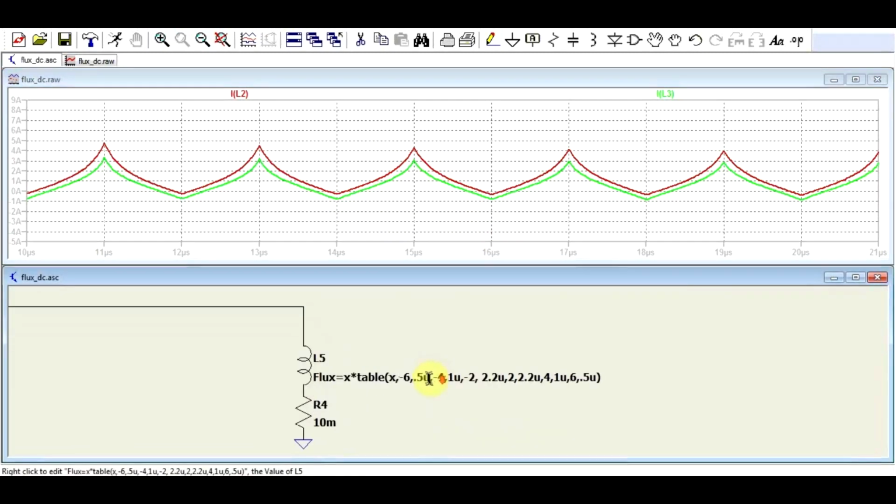Now there's one more way you can do this, and that is by using the table function. If you don't like all that trigonometry, you can create a simple table in which you define various inductances for various currents. Just don't forget to supply also the negative and the positive currents. So if you only supply the positive currents, then this won't work for negative currents.